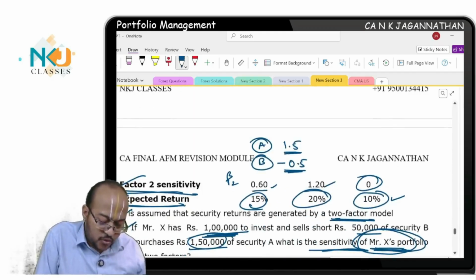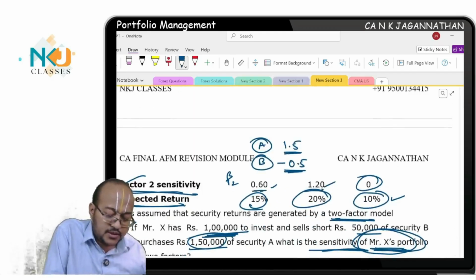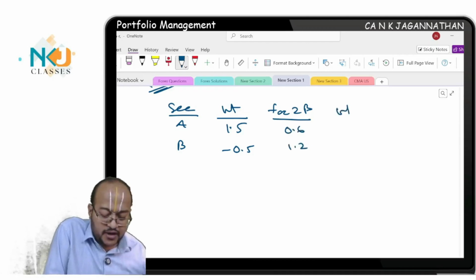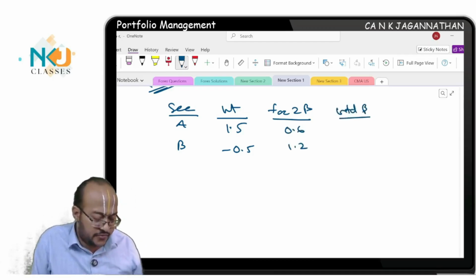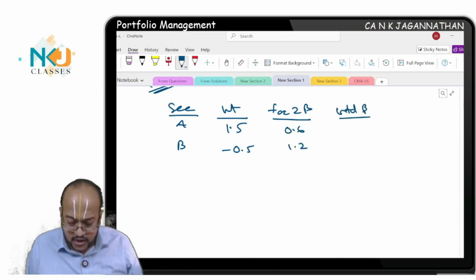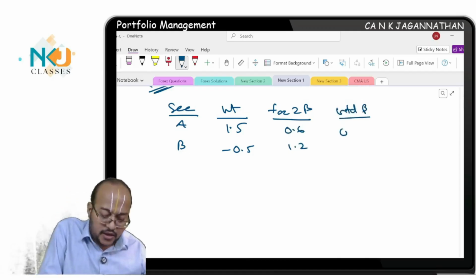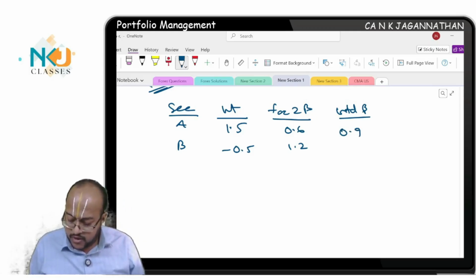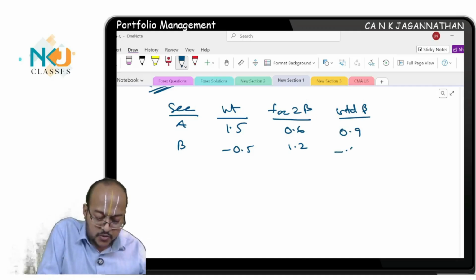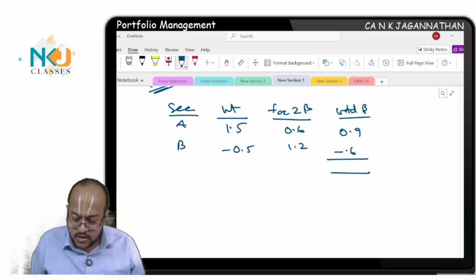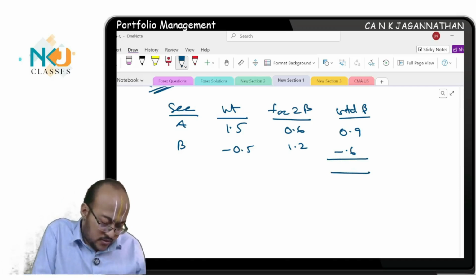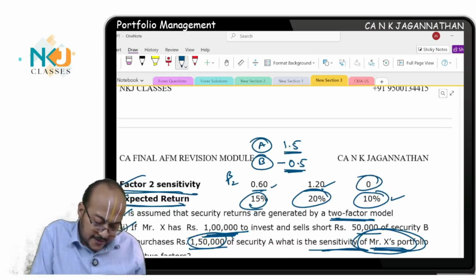Factor 2 sensitivity is 0.6 and 1.2. Please tell me the weighted beta for factor 2. 1.5 into 0.6 is 0.9. Then minus 0.5 into 1.2 is minus 0.6. How much is 0.9 minus 0.6?